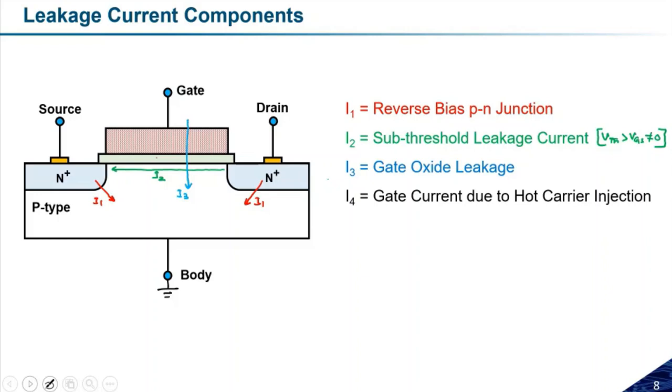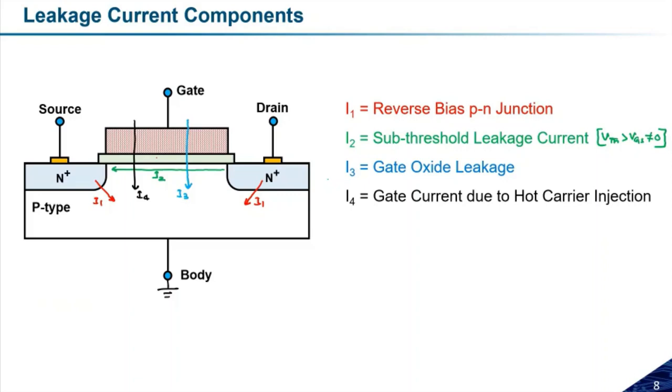So the fourth component, the current flow because of this, let me write it this way: I4 is the fourth component that we are calling the hot carrier injection. Let me repeat it again. What is hot carrier injection?